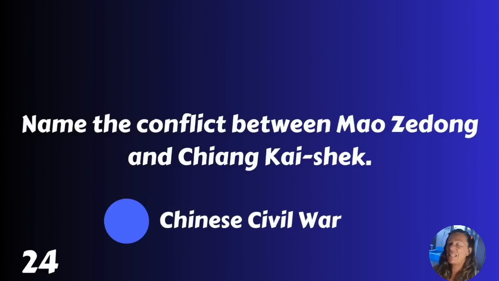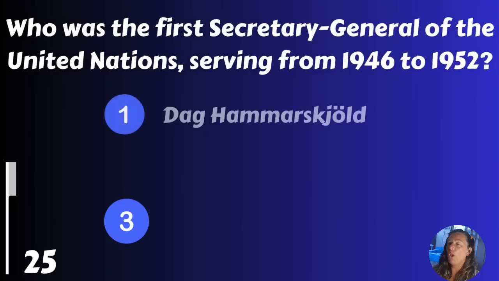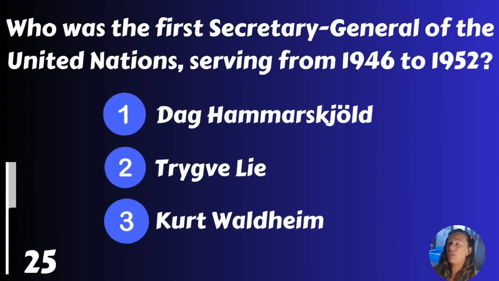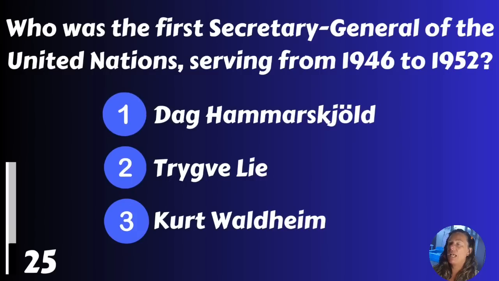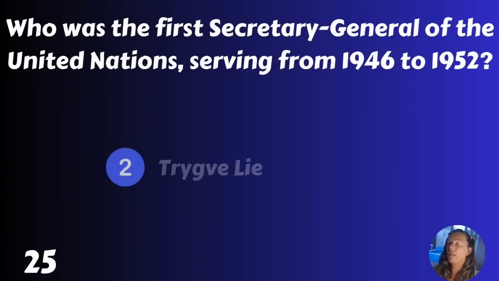It was the Chinese Civil War. Who was the first Secretary General of the United Nations, serving from 1946 to 1952? Dag Hammarskjöld, Trygve Lie, or Kurt Waldheim? Trygve Lie.